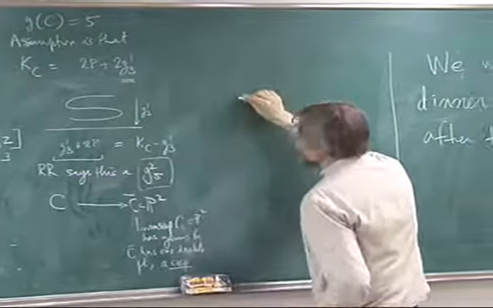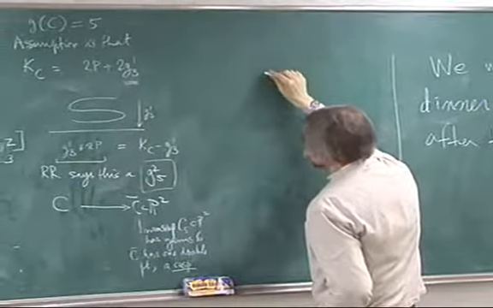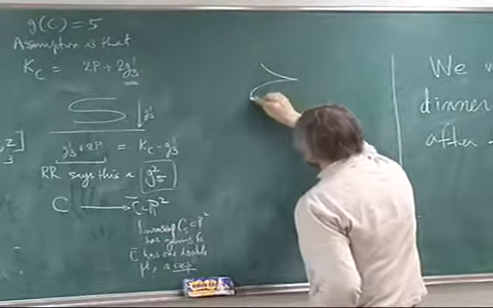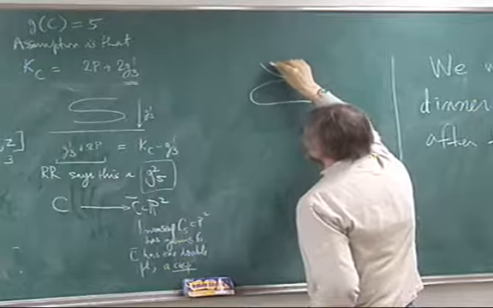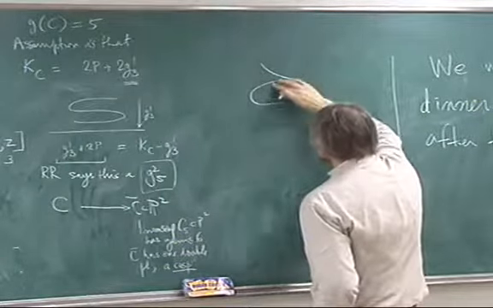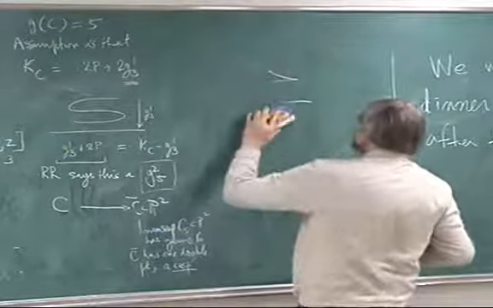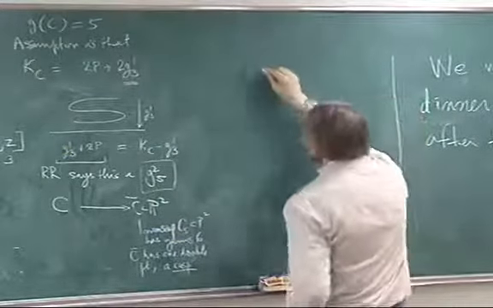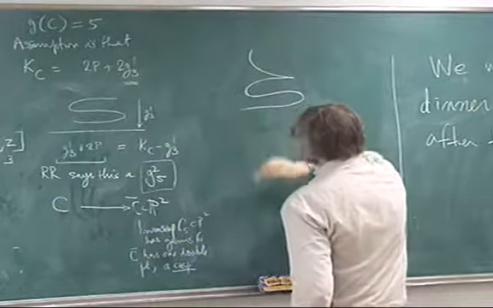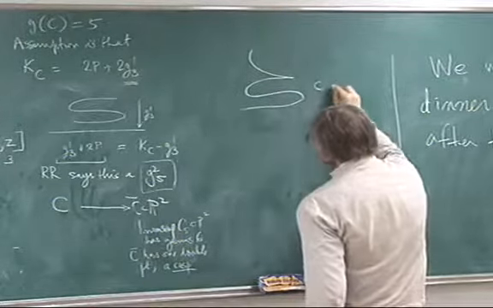My curve is really, how do I draw it? Should draw it like this. Right, so here's C. Sorry, it's impossible to draw this, but here's my curve C in P2.